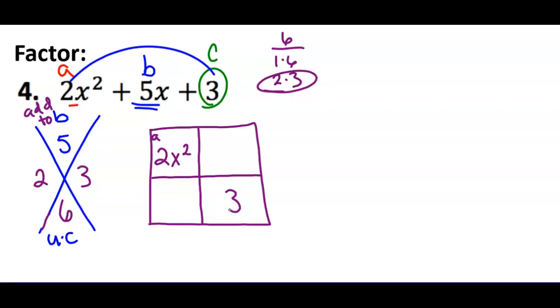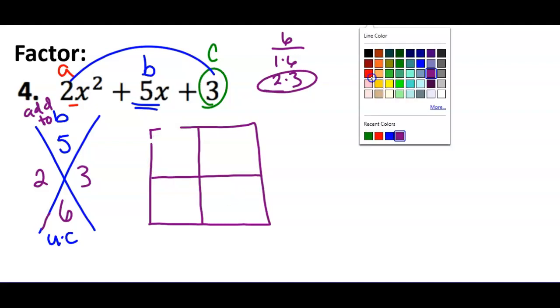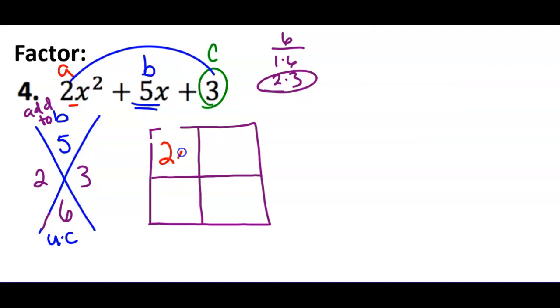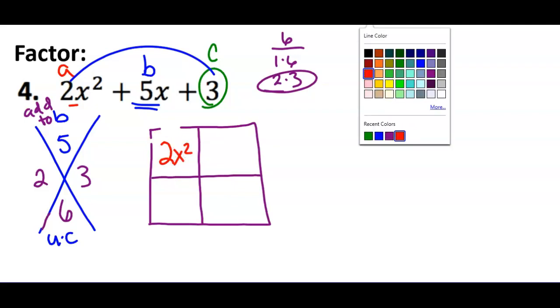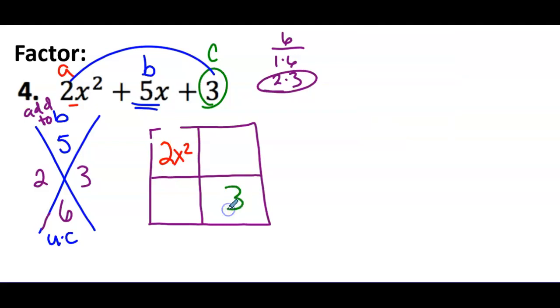You know what? I want to make those a different color. I'm sorry. Hold on. I want to make those red and green. So I want this to be my 2x squared because that comes from my a term. This comes from my c term.